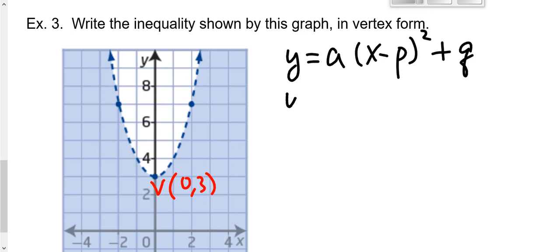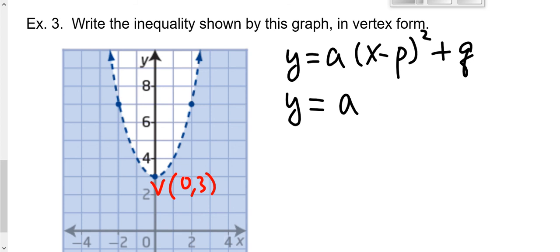So plug that in. So y is a times, well, in this case, p is 0. I'll skip a step here. You can write down x minus 0 squared, which gives you x, and then x squared gives you x squared. Alright, so let me just skip a step. Well, you know what?